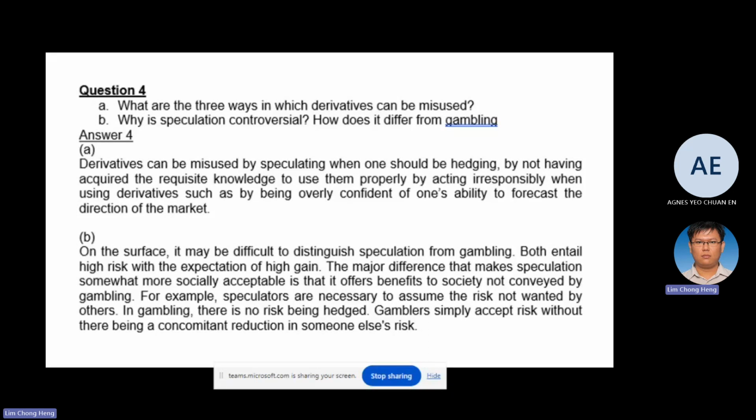Okay, so what is the difference between speculation and hedging? Some people say speculation is when you do the analysis, then make a decision.